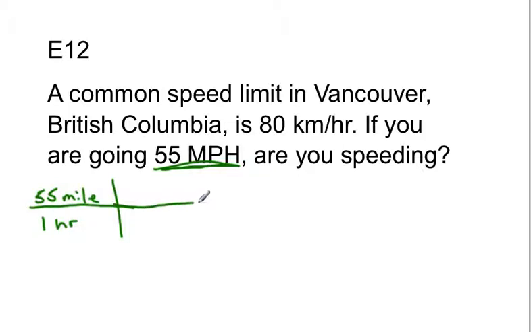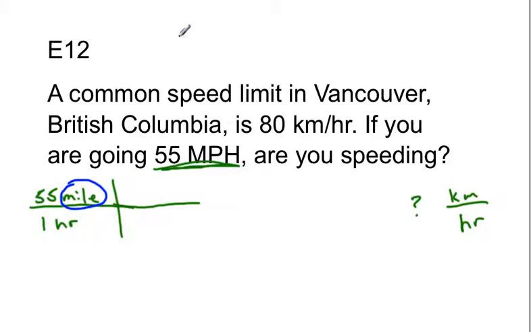Alright, so let's go, and we want kilometers per hour. So if you notice, the only unit we're changing is the one on top. We're going to take miles and convert it to kilometers. We're going to keep the hour there because we want it in kilometers per hour. So if I remember right, we want to go miles to kilometers.